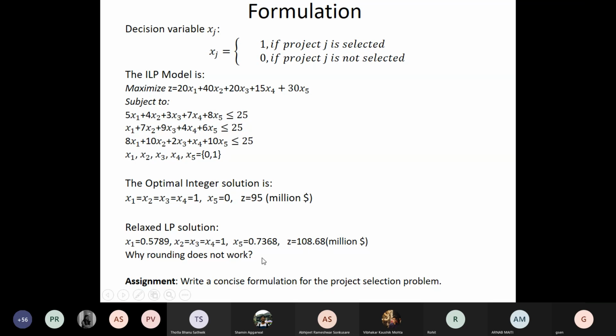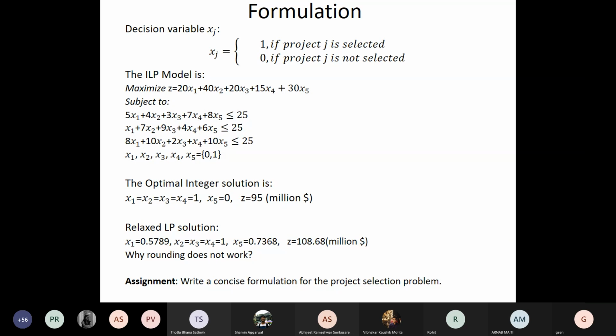But you see that the value of x1 is 0.57 and x5 is 0.73, which doesn't make sense practically in terms of decision making. Some of you might be thinking that let us simply round it off to the nearest integer value, and then we have the optimal solution. I mean, we can compare it with the optimal integer solution.